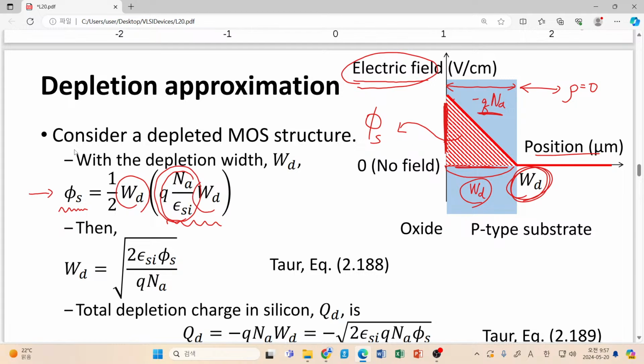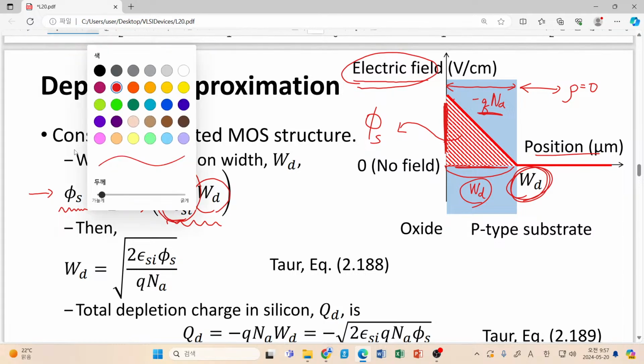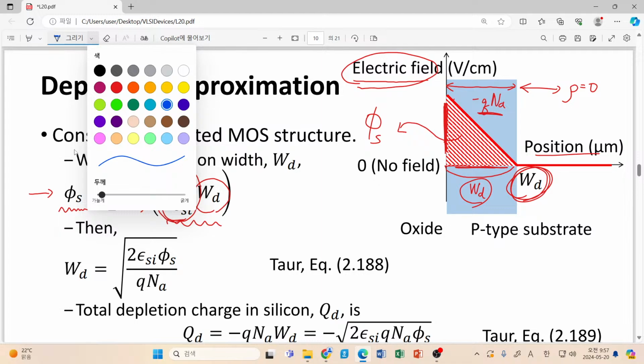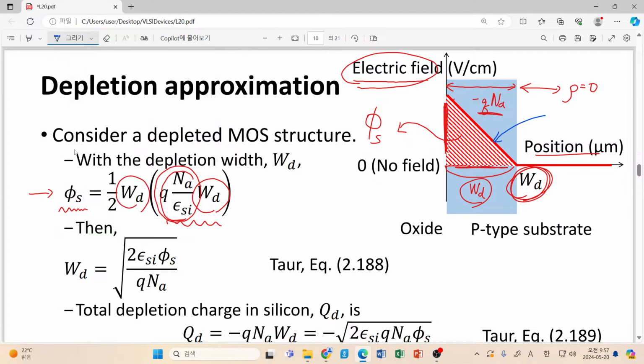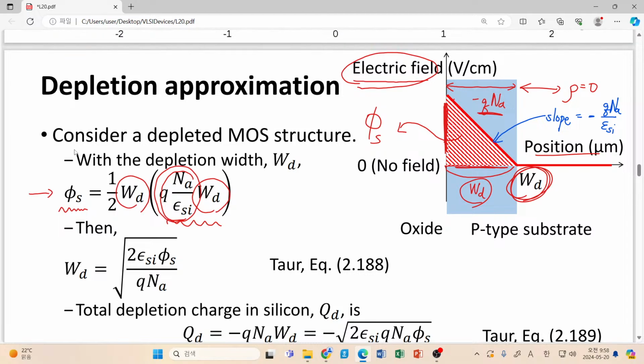So now we can apply this with the tangent. Once again, in this field versus position graph, this slope corresponds to minus Q Na divided by silicon permittivity. If you know the Poisson equation, then you can easily understand this is true.